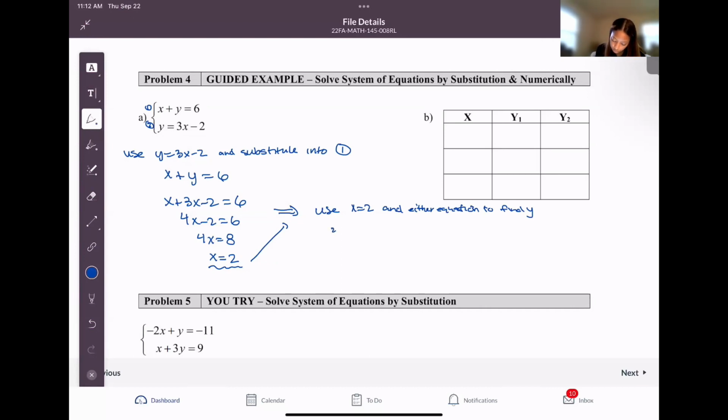So from 2, y equals 3x minus 2, and we know x is 2. So that's y equals 3 times 2 minus 2, y equals 6 minus 2, so we get y is equal to 4. Then our final answer will be an ordered pair, x comma y. So it looks like the solution is 2 comma 4.